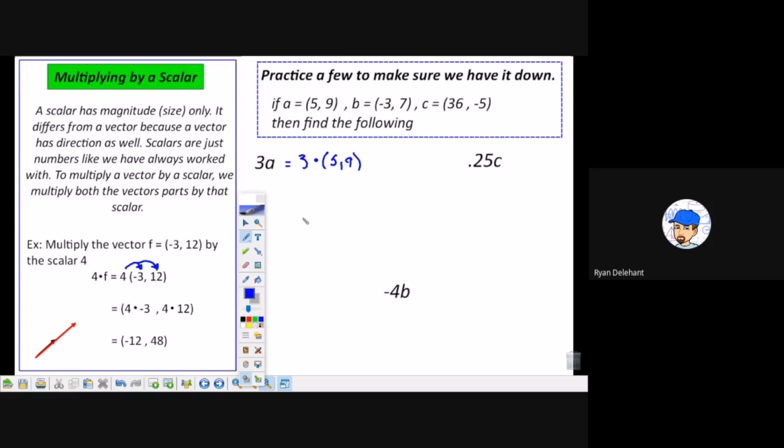So we're just distributing 3 to both of the components. 3 times 5 is 15. What's 3 times 9? 27. So now the new endpoint of that vector that starts at 0, 0 would be 15 on the x, 27 on the y. We could draw our arrow.